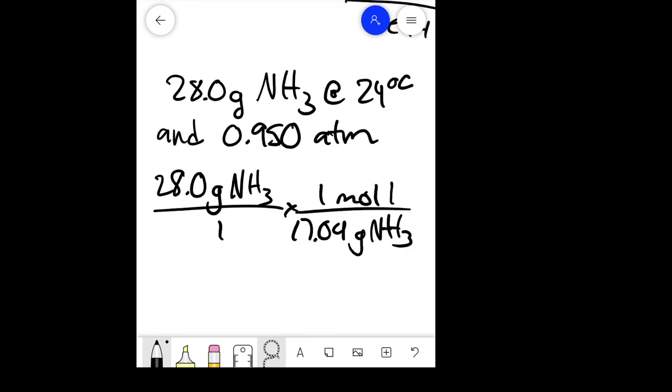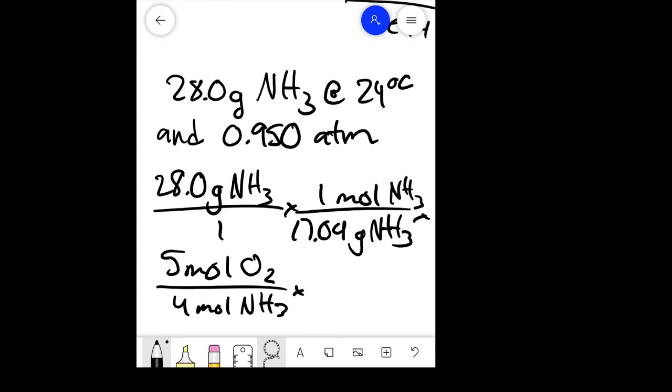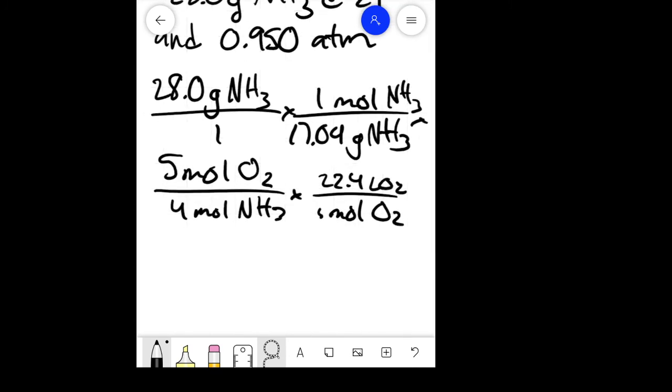Now we're going to do the molar ratio. We don't have to convert to liters yet. So we're looking for oxygen. We know 5 moles of oxygen over 4 moles of ammonia. And then we want liters of oxygen, so that would be 1 mole of oxygen over 22.4 liters, because we're pretending it is at STP right now.